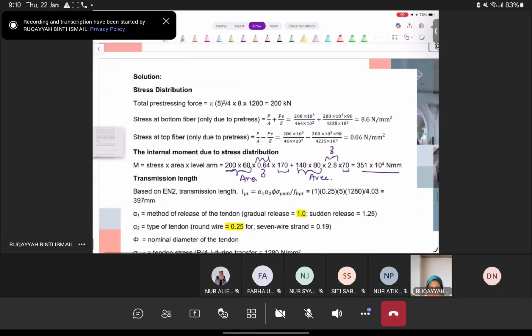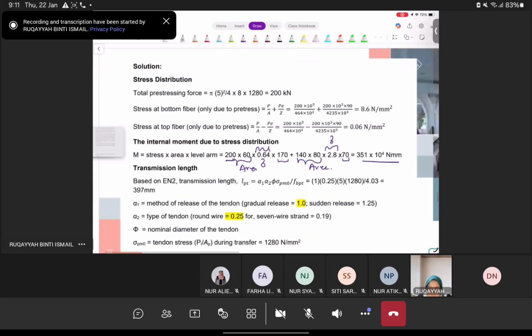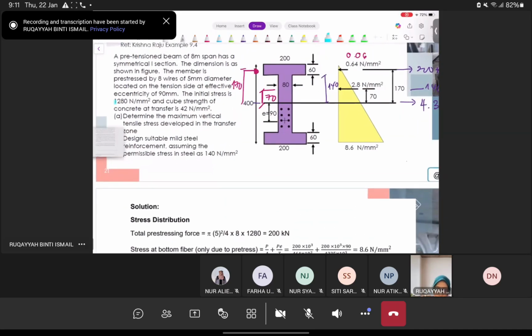All right, so now when we have the stress distribution, because the first question is you need to determine what will be the vertical tensile stress. When you calculate the total pre-stressing force, what is given to you is the stress.